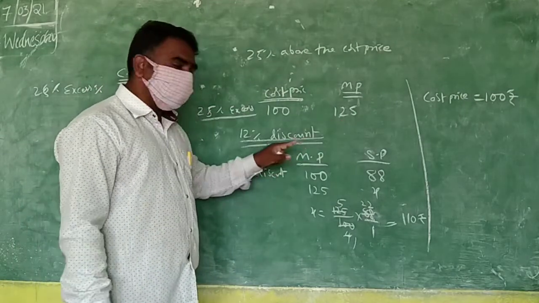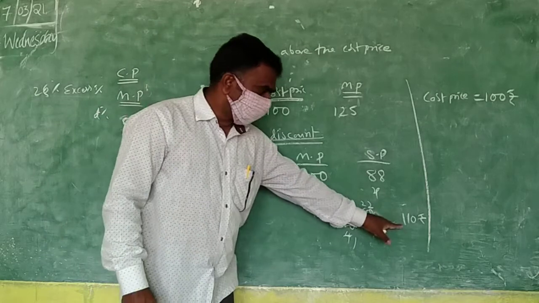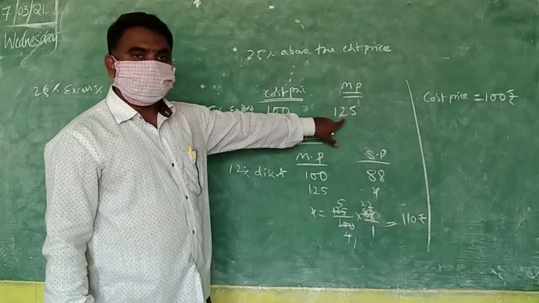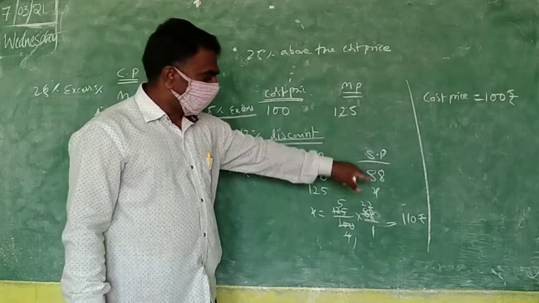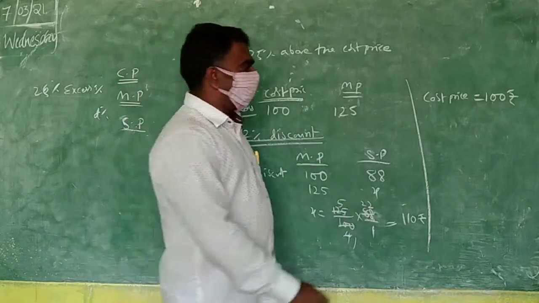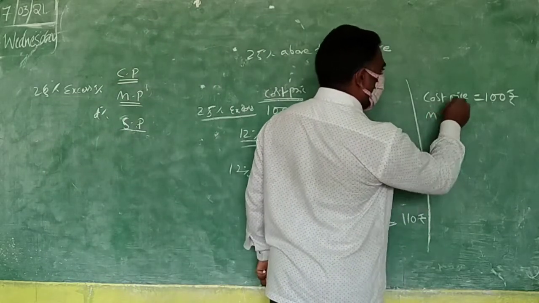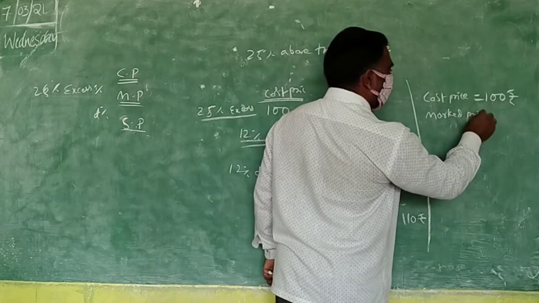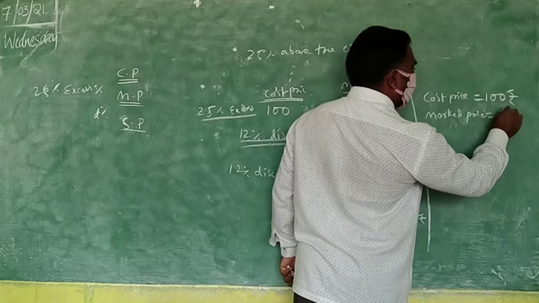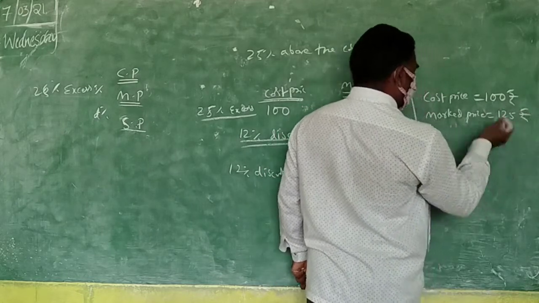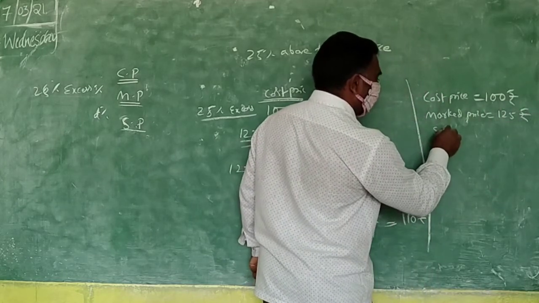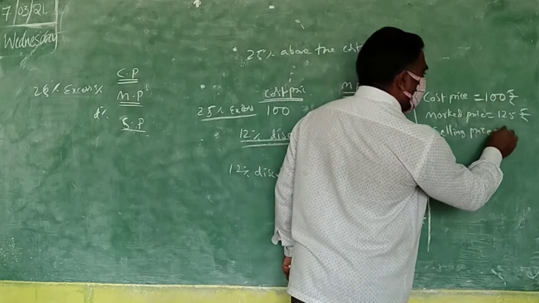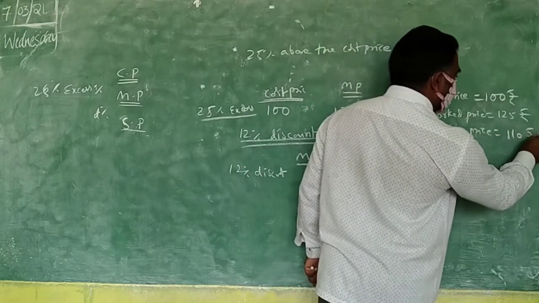After discount he sold it, no. That is how much? 110 rupees. On this he has taken the 12% discount. So what did you get? 110. So cost price 100, marked price 125, and after discount he sold it, that is called selling price equal to 110.